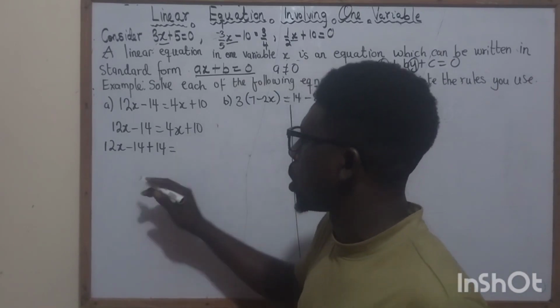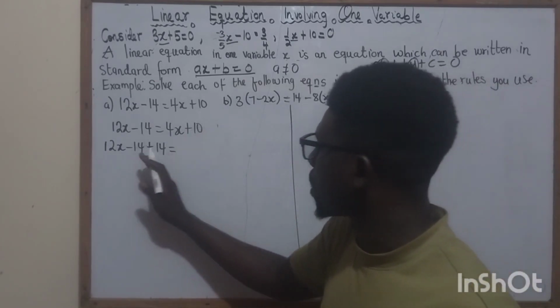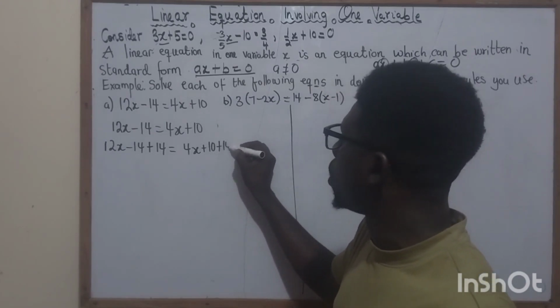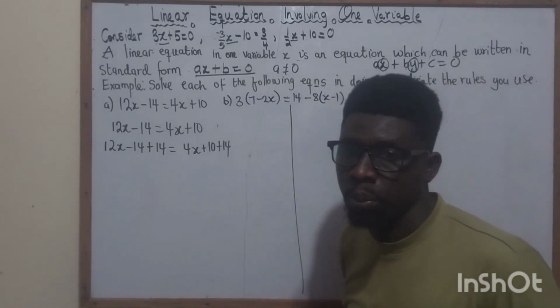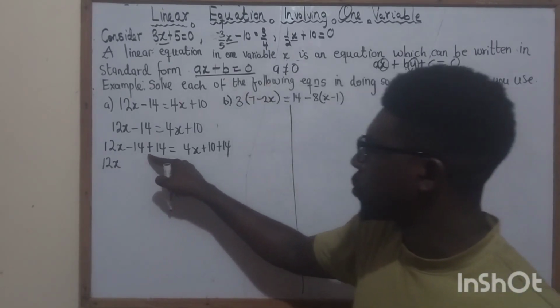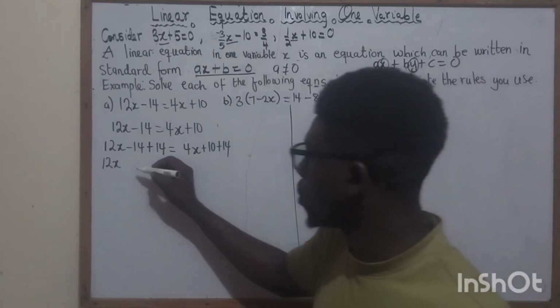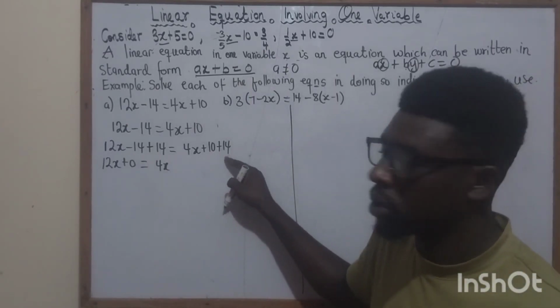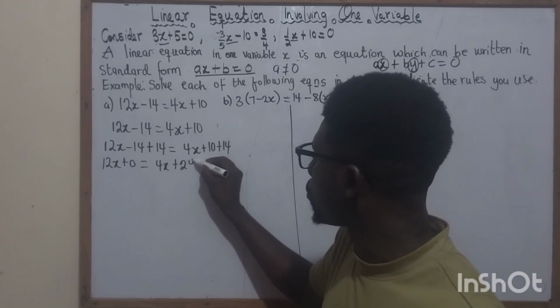I add 14 to the left-hand side of the equation and do the same to the right-hand side. This gives me 12x - 14 + 14 = 0 on the left, and on the right, 4x, and 10 + 14 gives 24.